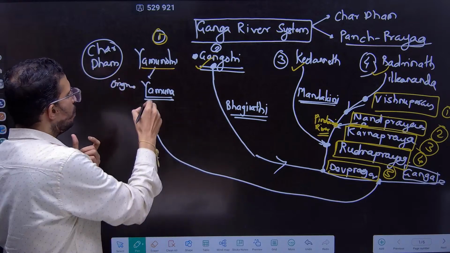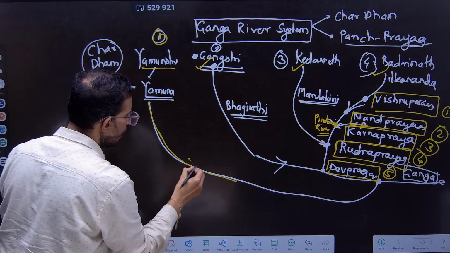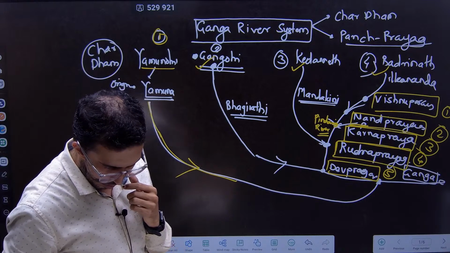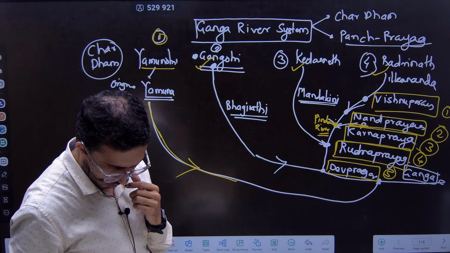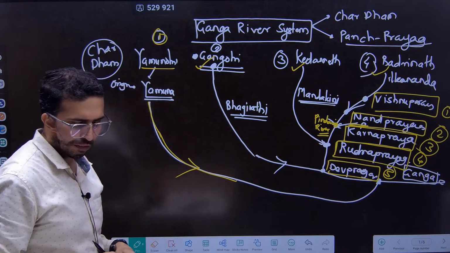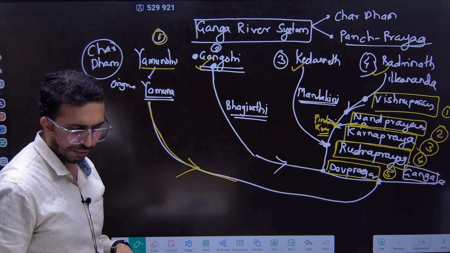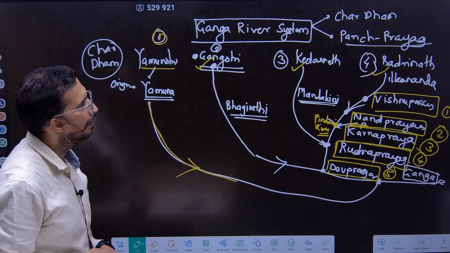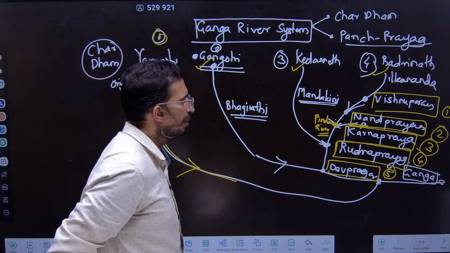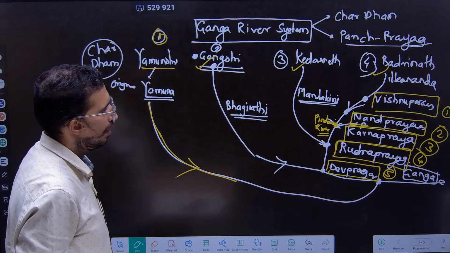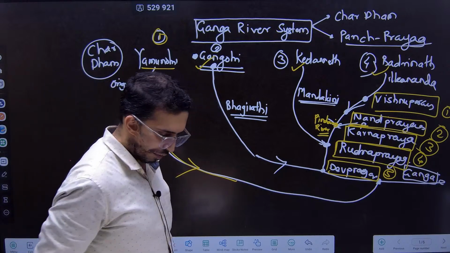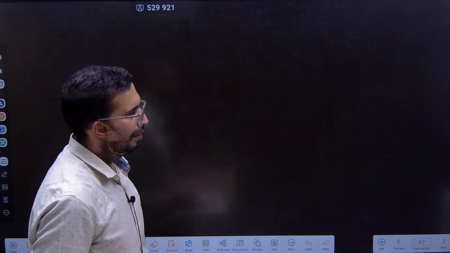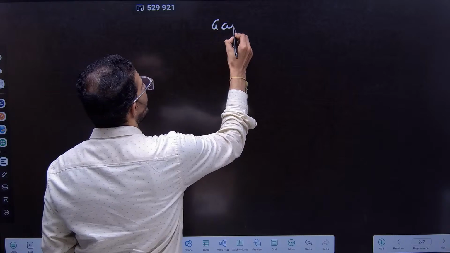From Yamunotri, the Yamuna river originates. Then we are talking about the Ganga river system.